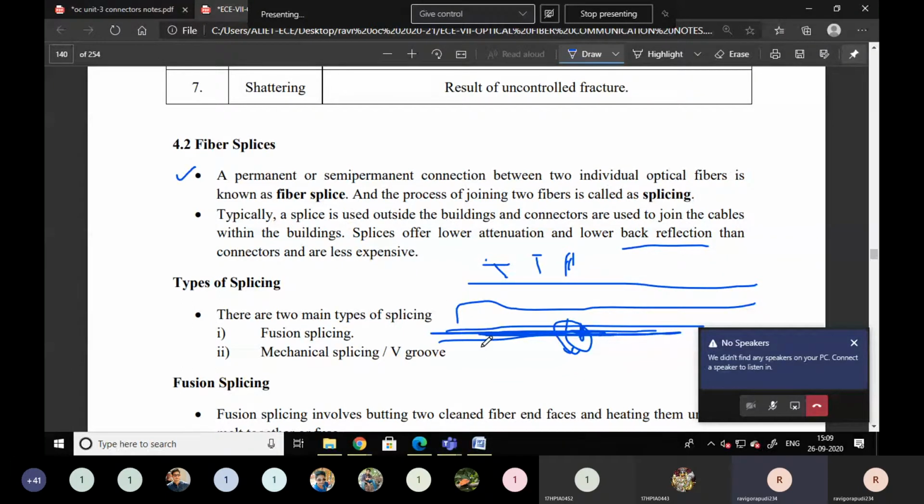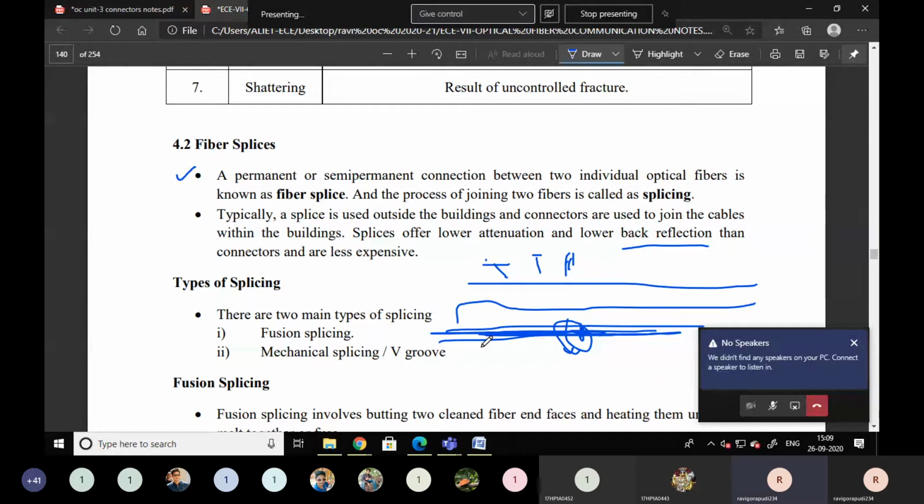Like that you can write, then it is easy to remember. Just like the differences between plastic and glass fibers, write a few points on splices and connectors, so you can understand the basic difference.